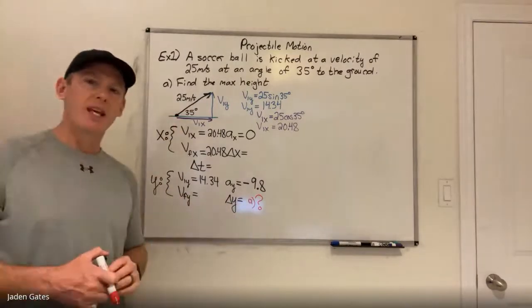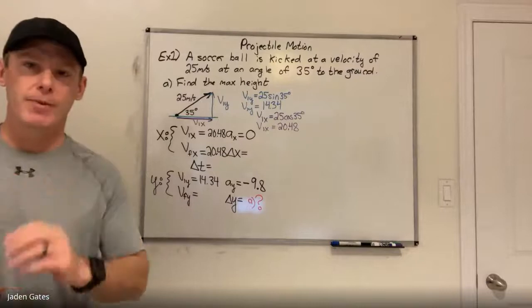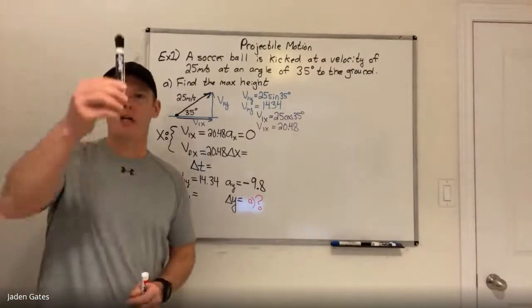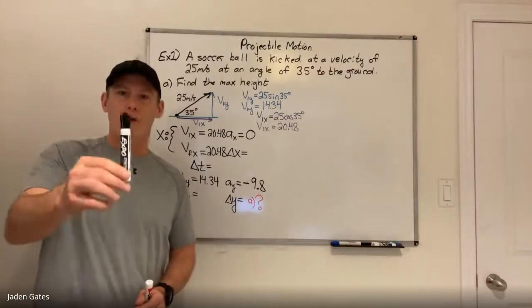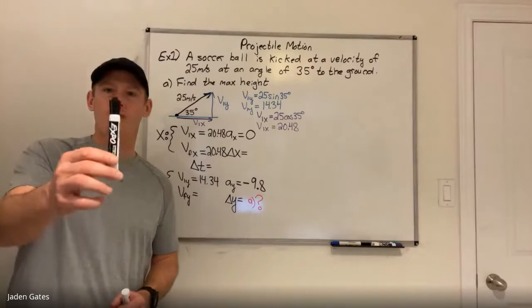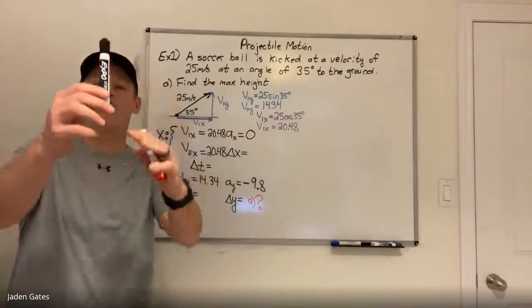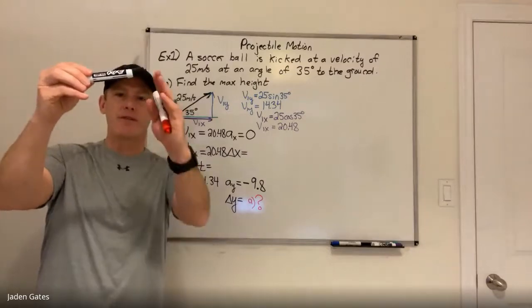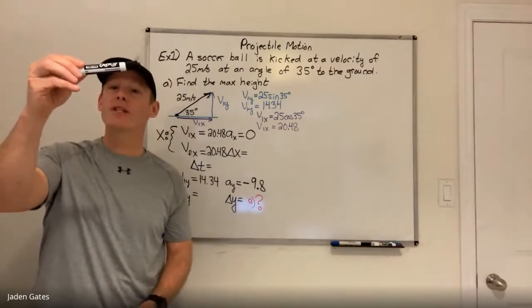Here's something key. We had this before in one dimension: when you're talking about a maximum height, and I look at it in terms of vertical, your object is moving at a certain velocity, and that velocity is decreasing as we go up. Then it gets to its maximum height, and that is the one spot where the velocity is zero.